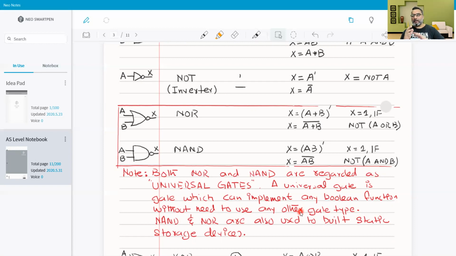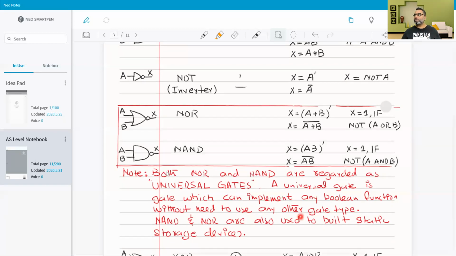So much so that you can use multiple NOR gates to form a NAND gate, and multiple NAND gates to form a NOR gate or any other gate. If we are using a NOR gate, we can build any circuit with just this one gate. This is why we call it a universal gate.